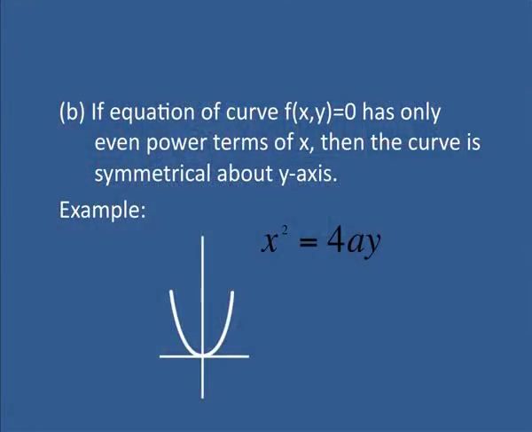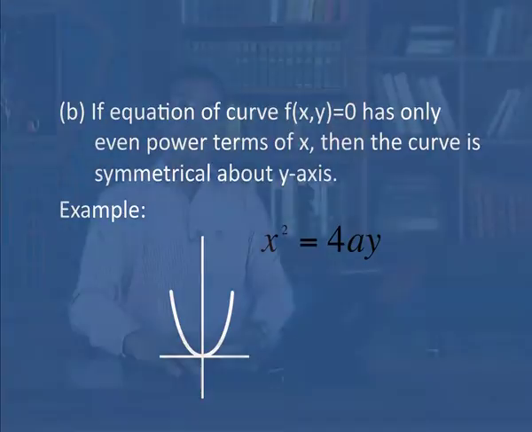Similarly, if the equation of the curve f x y is equal to 0 has only even power terms of x, then the curve is symmetrical about the y axis. For example, x square is equal to 4ay, again the equation of a parabola with symmetry about the y axis.